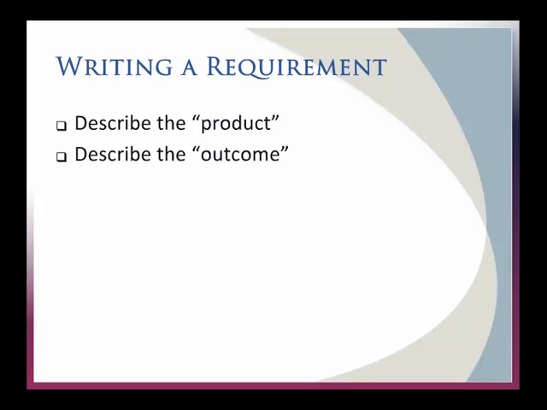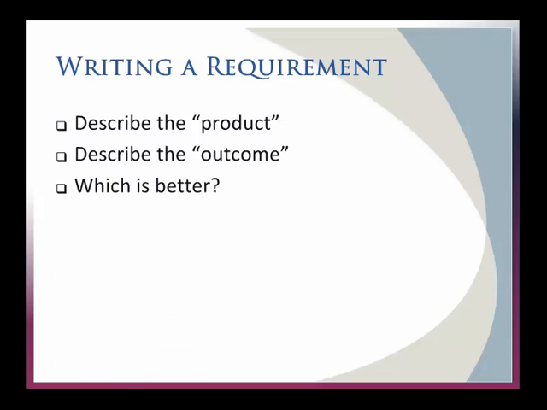I want them to spend their time describing the qualities of a good outcome. Tell me the result, and how should I be measuring it? Should I be measuring it on cost, size, resilience? How do I measure this thing so that I know that I delivered a great product that did what you wanted it to do? I'd rather you focus on that than read features off to me.